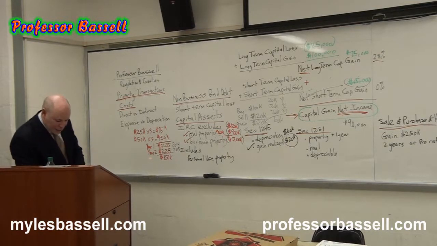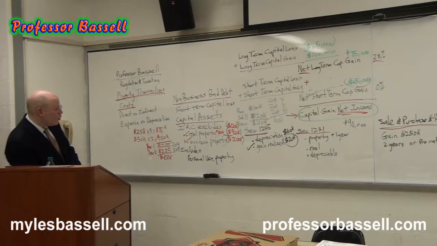So we have 900,000. Should we take away the depreciation or should we add the depreciation? What do you guys think? So we said we already depreciated in prior years 500,000. We added it. So should we add it back?